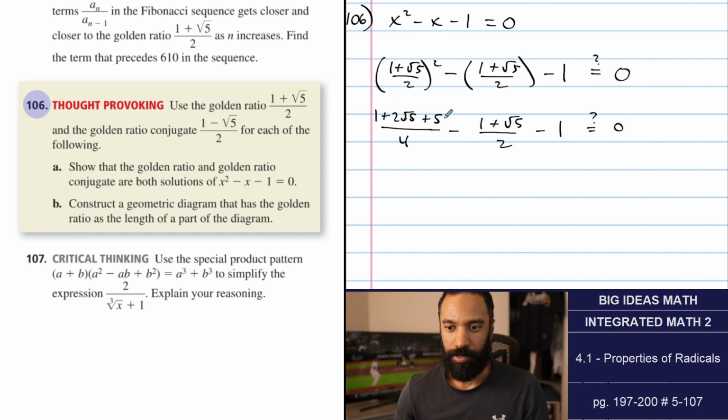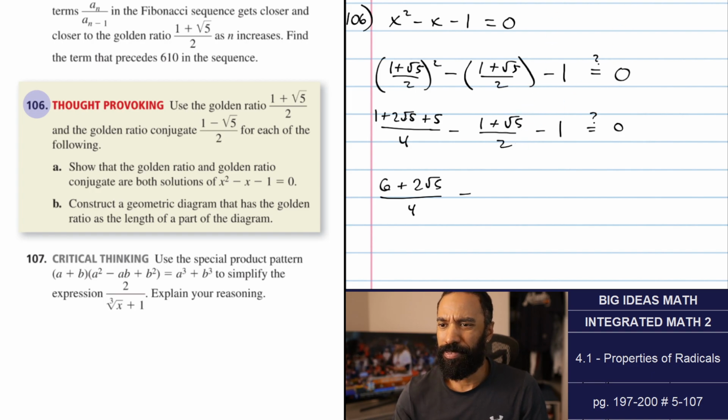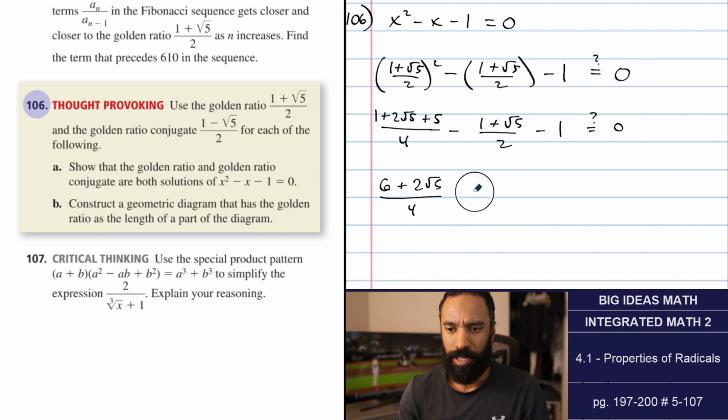Now 1 plus 5 is 6. So I got 6 plus 2 root 5 over 4 minus, now I'm going to get common denominators here. Let's multiply everything by 4.